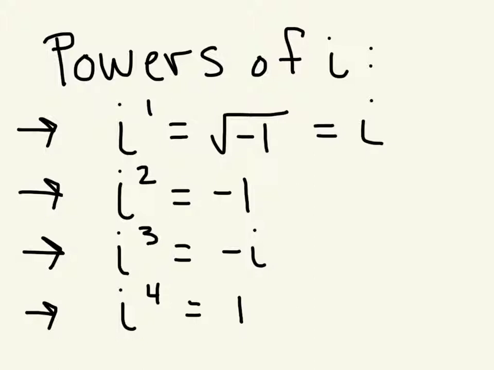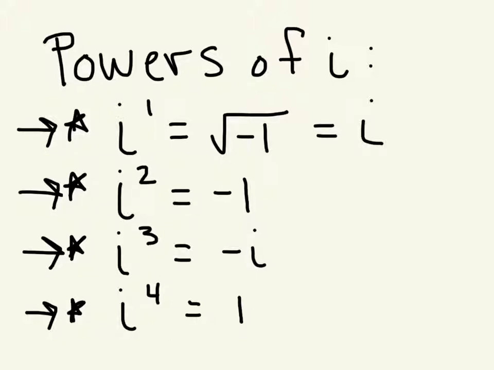Since we just simplified i to the fifth to be equivalent to i, as you can imagine, the pattern repeats. i to the sixth is equivalent to i squared, which is -1. i to the seventh is equivalent to i cubed, which will be simplified to -i. And i to the eighth, and any exponent that is a multiple of 4, can be simplified as 1.